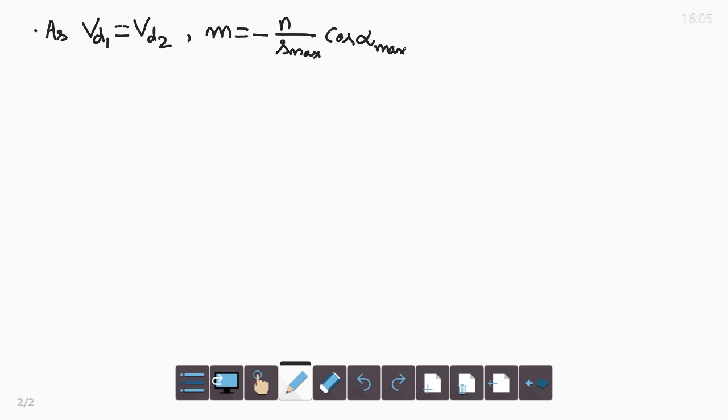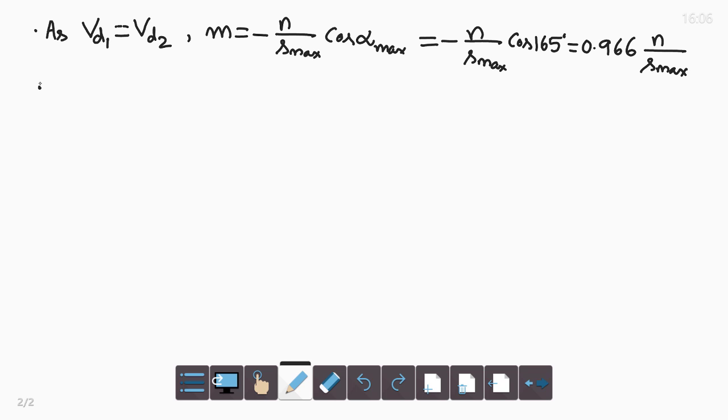So if alpha max is 165 degree, this is minus n by s max, say cosine of 165 degree. Practical case we will take. So, this is 0.966 times n by s max. So, by choosing the transformer turns ratio by this expression, we can obtain the speed s max at 165 degree.